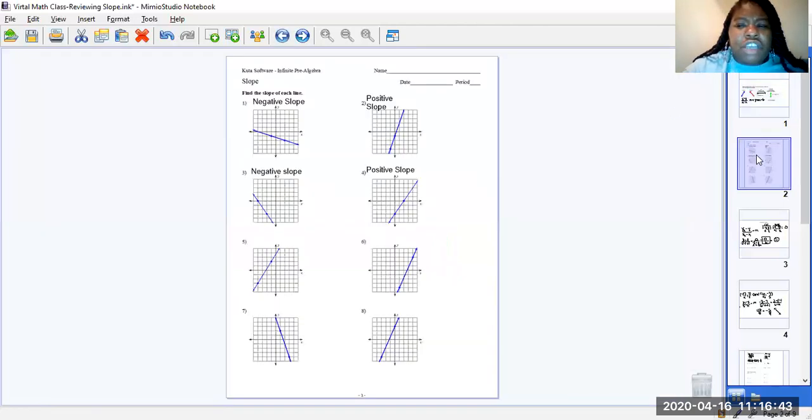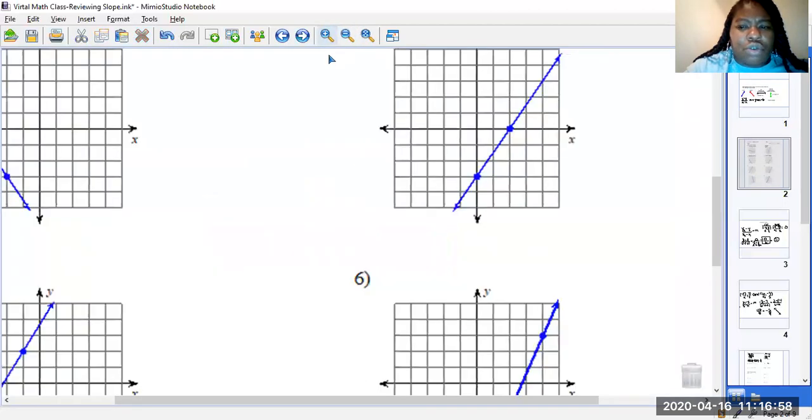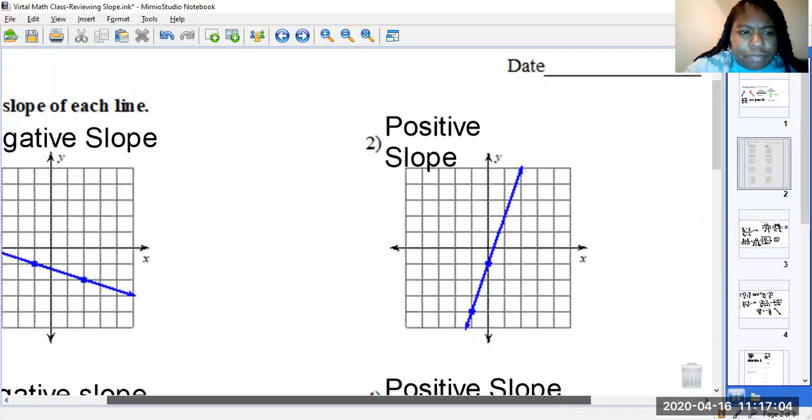All right, so yesterday, and I'm going to make this a little bigger here. So yesterday, we identified the different types of slope on this page. I'm going to make it bigger so that you can see. Hopefully that's not too big, but hopefully you can see it nonetheless.